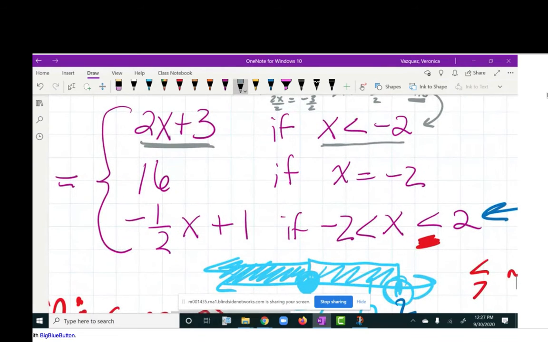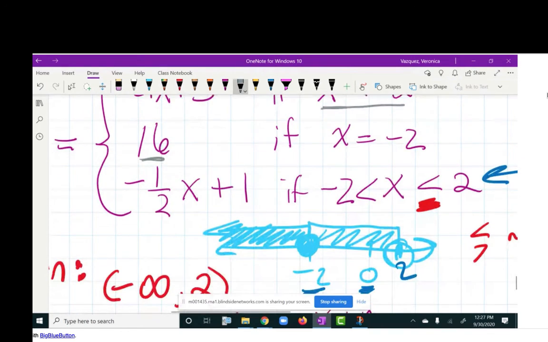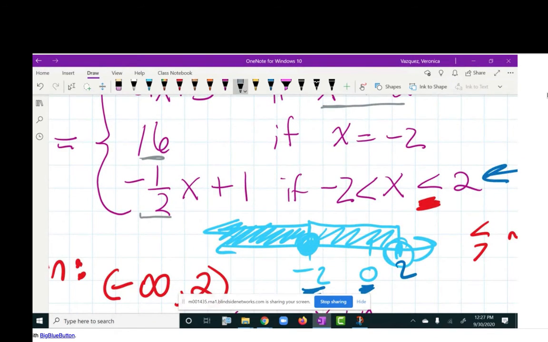Now let's look at the next one. This one is 16, and 16 is never going to be equal to 0, so we don't have to worry about that one either. Now let's look at this one. I want to set that expression equal to 0 and find my x.